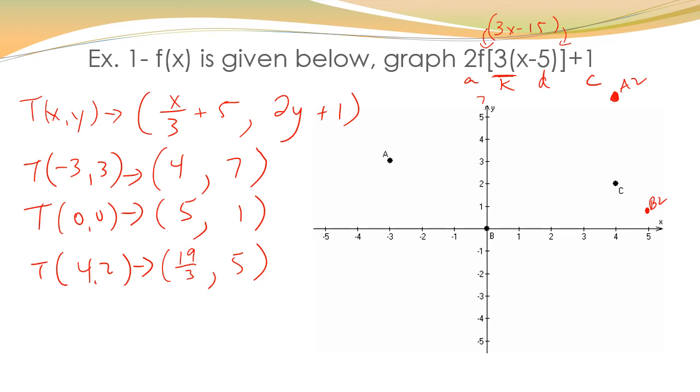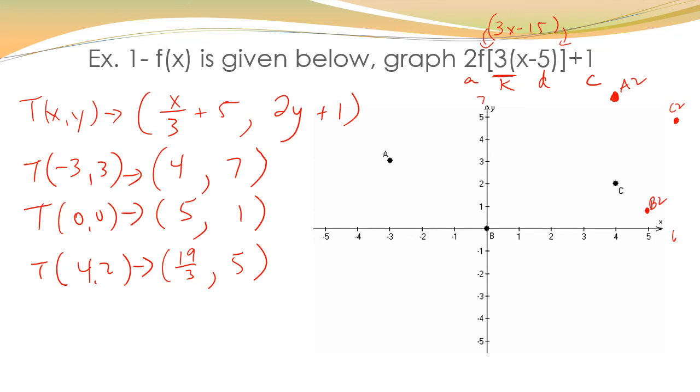And then C, 19 over 3, which is roughly just over 6. So we'll say that's 6 right there. And 5, so just over 6 and 5 right there.